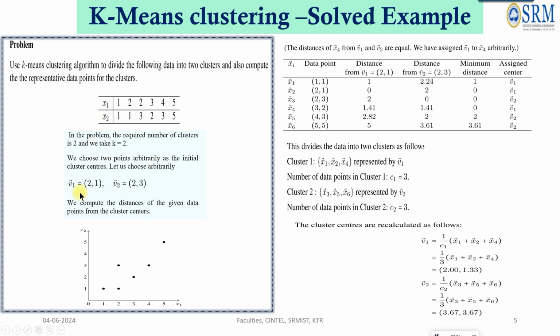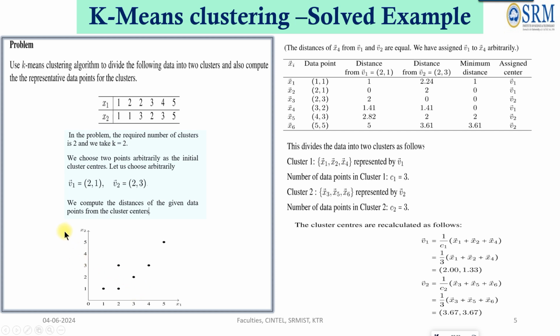In the question itself, the initial centroid values are given. That is, they have randomly selected some centroids to proceed with the next steps. The initial centroids for this two-dimensional data are the first one, (2, 1), and the second, (2, 3). Based on this, if you plot the data points, you get this kind of graphical representation.